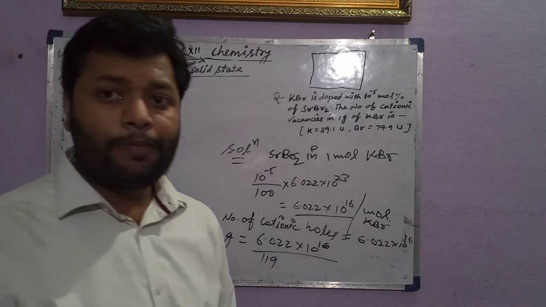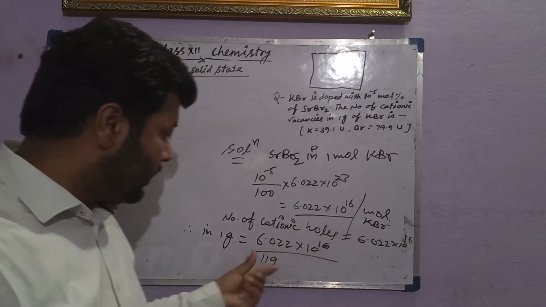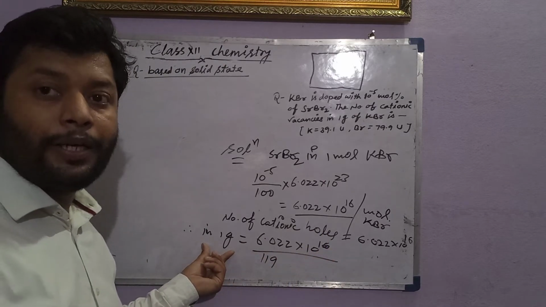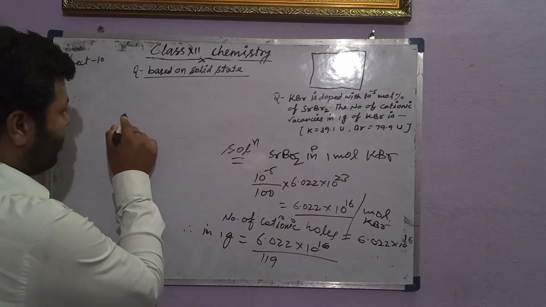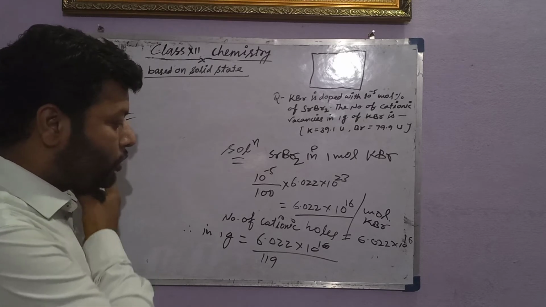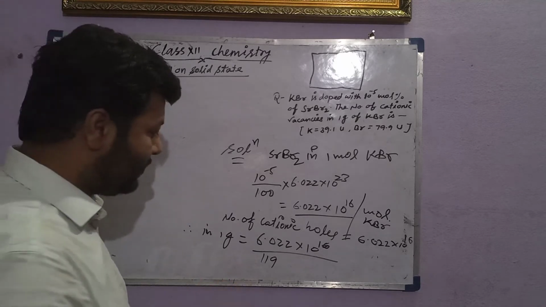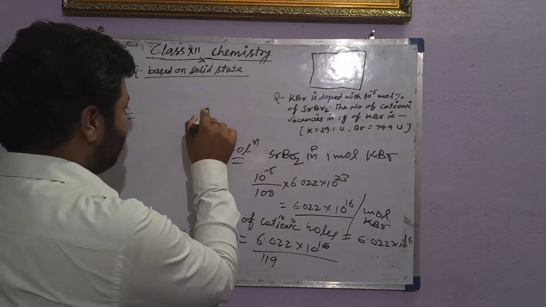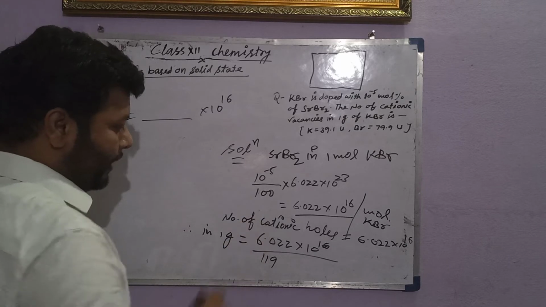So if you divide by the mass of 1 mole, with the same number of value, that will give you the vacancy in 1 gram. If you solve this, it will be 6.022 divided by 119. I don't know what the value will be, I think it will be in 10 to the power 16 with some numerical value.